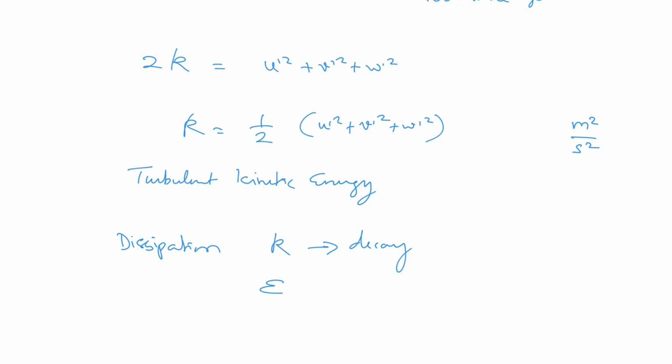All these things we have seen earlier. Now the rate of change of turbulent kinetic energy, that is in dimensional form meter square per second square. The rate of change, you have another second, so you might get a dimension of meter square per second cube. So that will be epsilon.